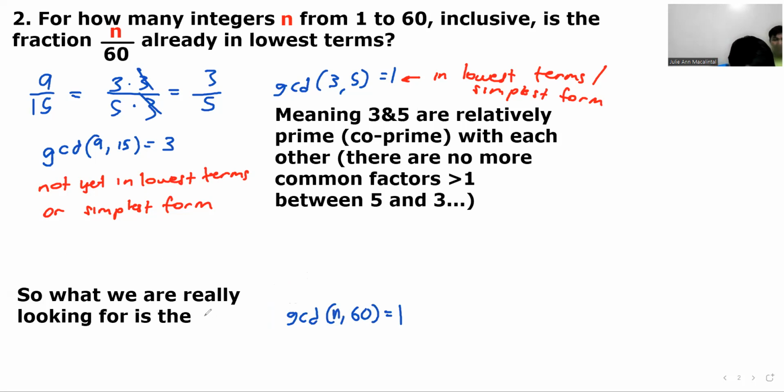It's the n for which the GCD of n and 60 is equal to 1, meaning when the GCD is 1, it means the fraction is already in lowest terms. So here, look, oh, wait, excuse me.